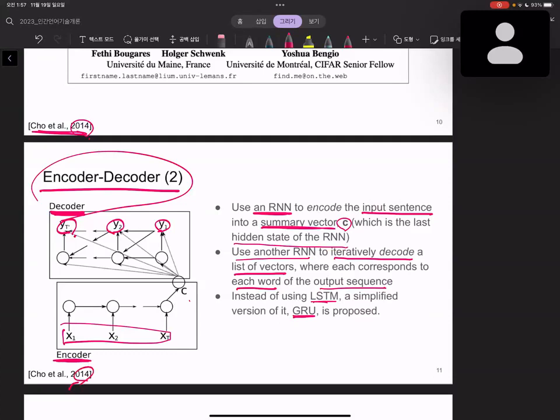This is the research: after someone invents it, it looks very easy and simple, but the first invention of the idea is really hard.